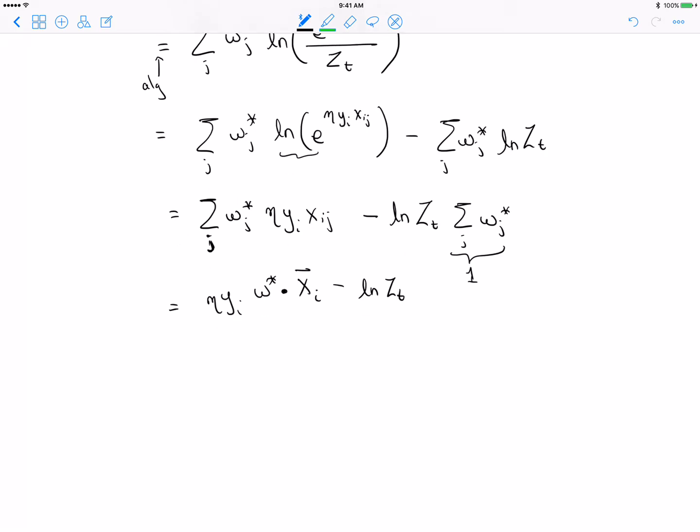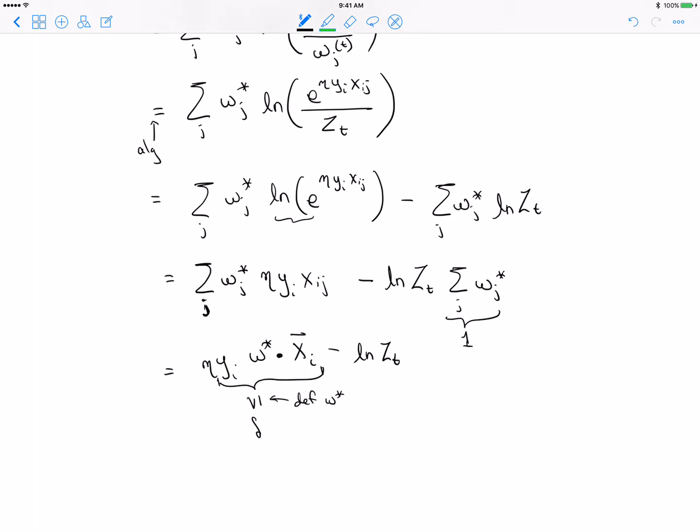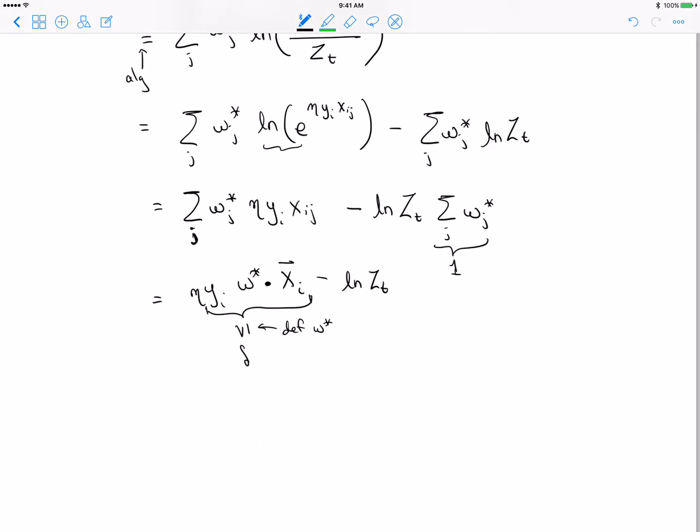Cool. Now this thing right here, what do we know about that? By the definition of W star, it's a classifier that has a margin of delta for all of the points. So for any i, this thing is greater than delta. This is by the definition of W star as a delta margin classifier.